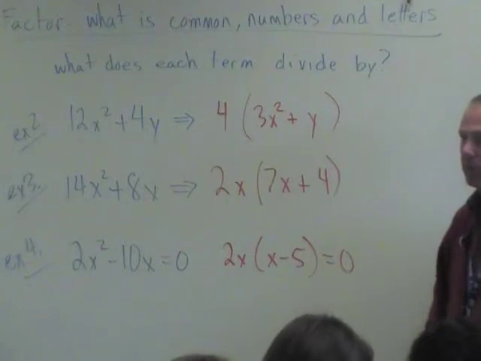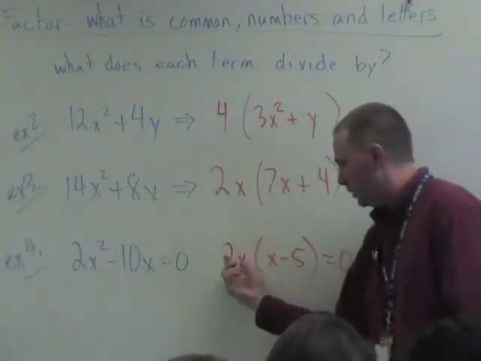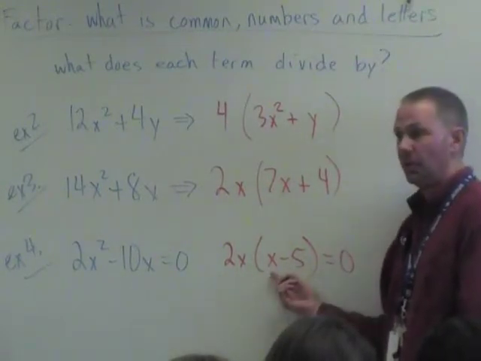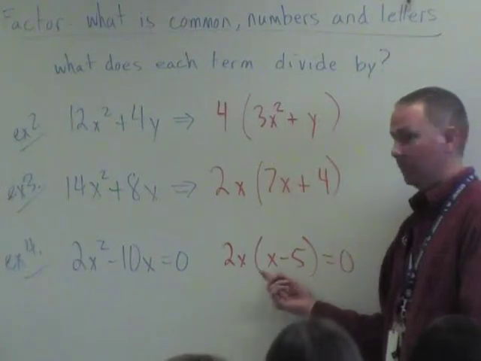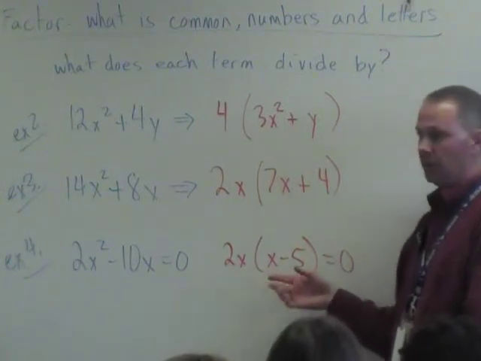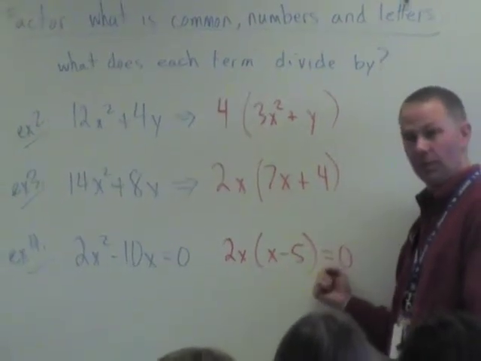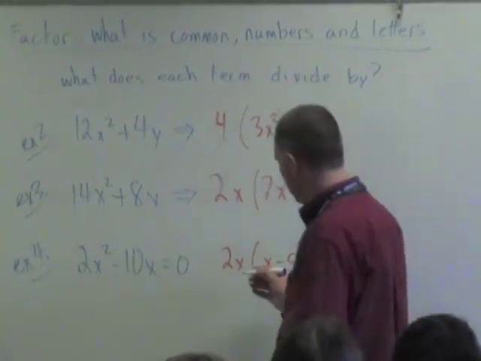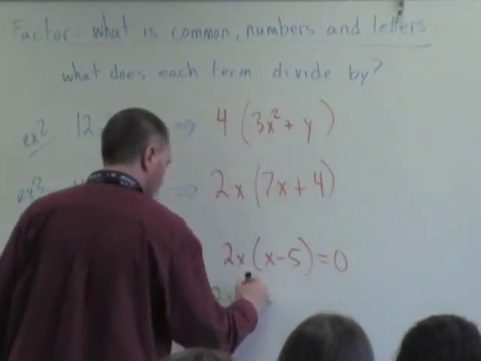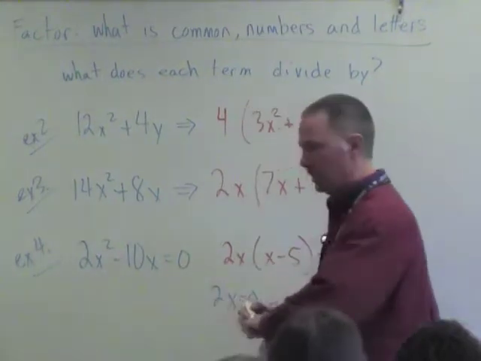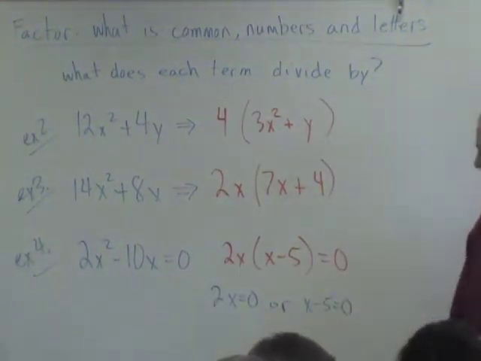We have the zero product rule. Either 2x is 0, or x minus 5 is 0. If 2x is 0, then 0 times x minus 5 is going to be 0. If x minus 5 is 0, then 2x times 0 is 0. So now solve it. So here's what you have. You have 2x equals 0, or x minus 5 equals 0. And then you solve those.